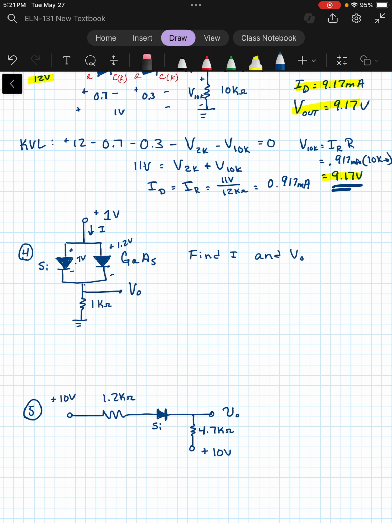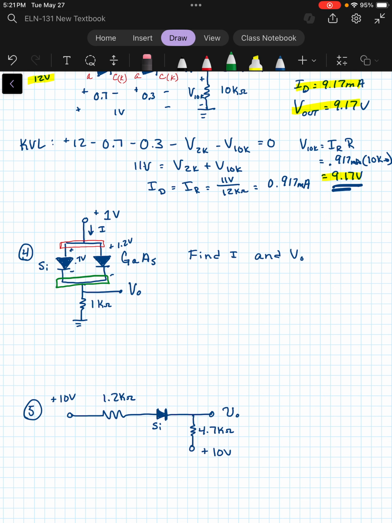Now, you do know, remember from your circuits, that anytime you have two components in parallel, they have to have the same voltage drop across them. And if we need 0.7 volts across silicon and 1.2 across gallium arsenide, how can we have them different? Well, we can't. That's not going to work.